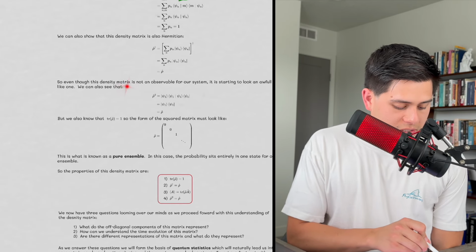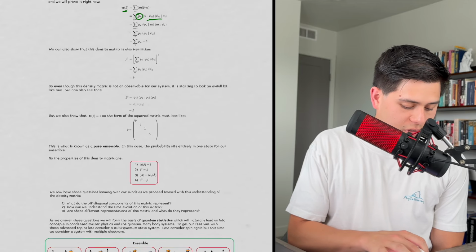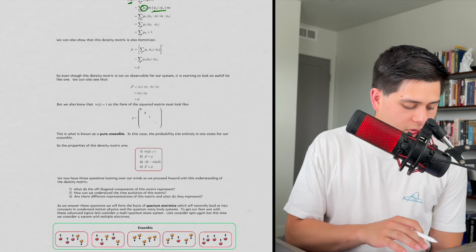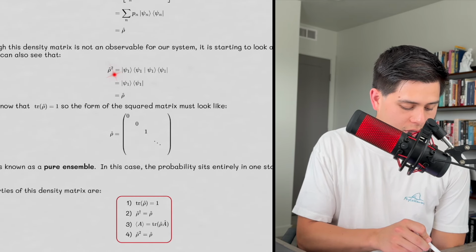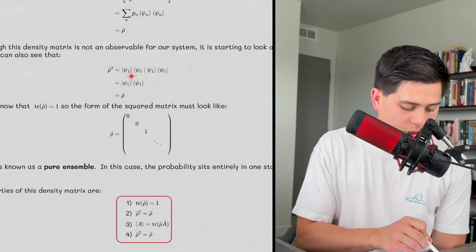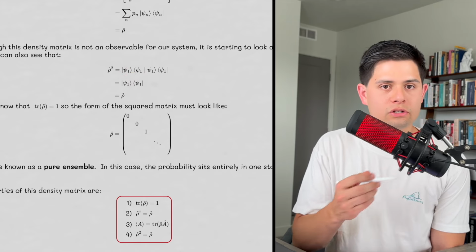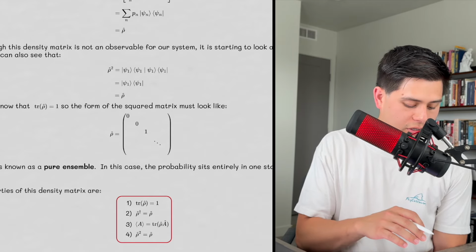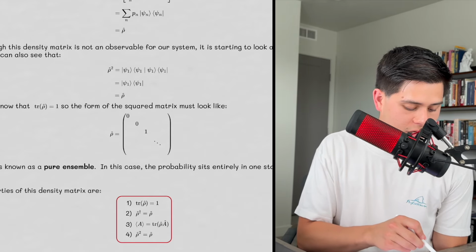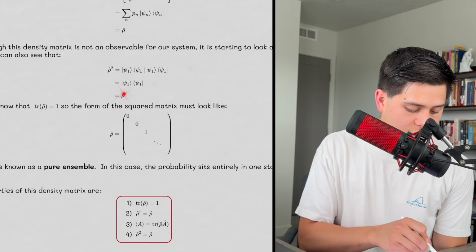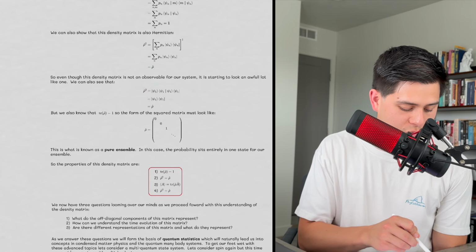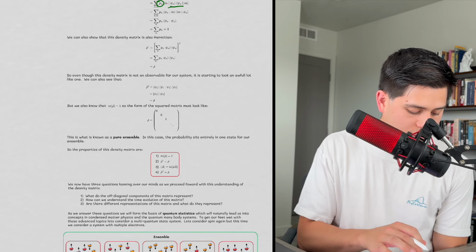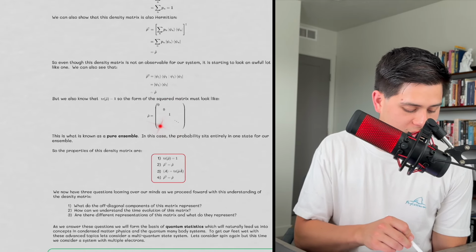So even though this density matrix is not an observable for our system, it is starting to look an awful lot like one. We can see here, for example, that if we square rho, and again, we could look at psi 1, psi 2, or psi 3, any of the diagonal entries, then in the case that rho squared is equal to rho, we get a matrix that looks like this.